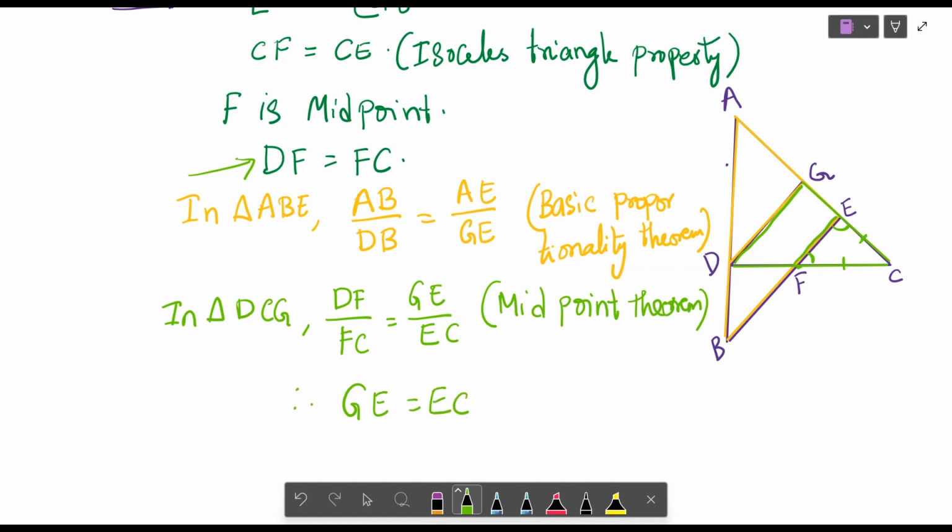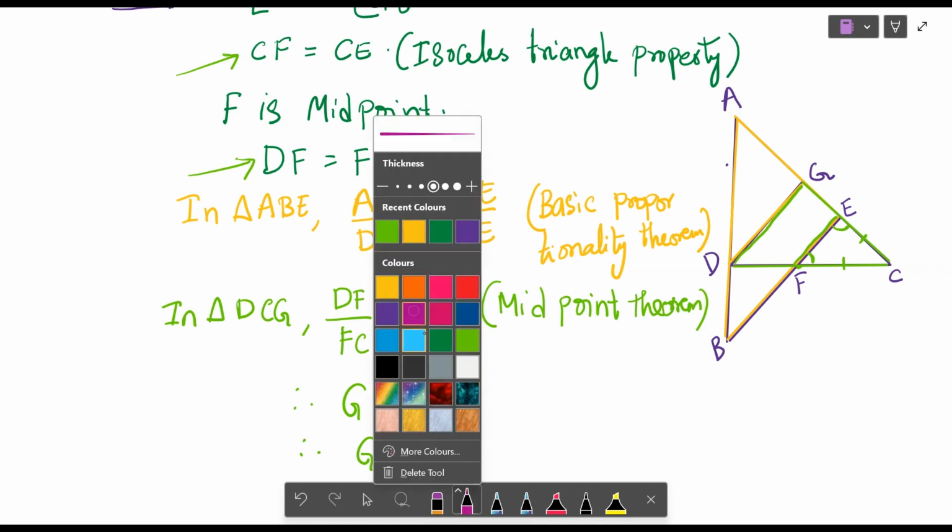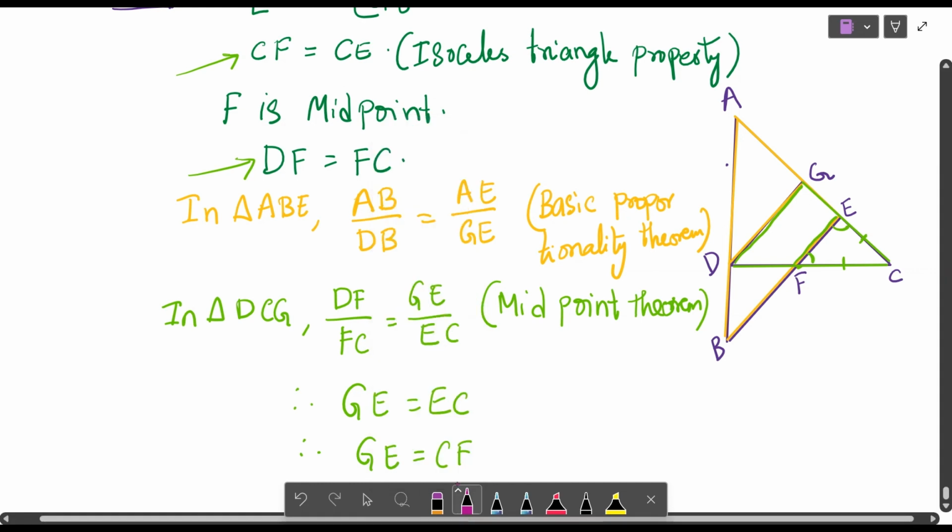Understood, students? Next. So listen carefully. Very, very easy, students. Okay. So here we can write CE is equal to CF, no. So GE can be written as CF. Understood? DF is equal to FC.